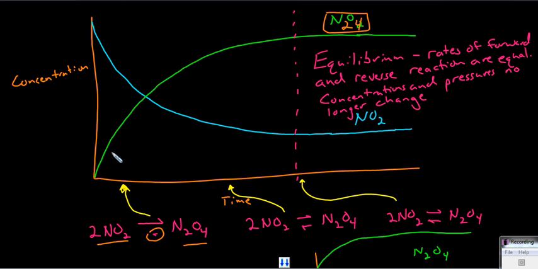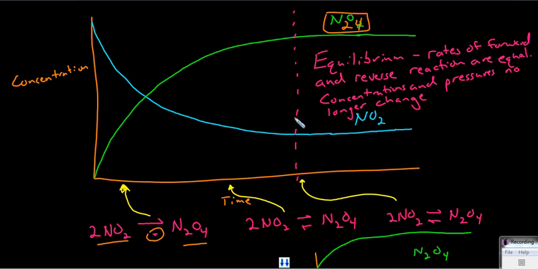However, as the concentration of dinitrogen tetroxide builds up, the rate of it decomposing back into nitrogen dioxide increases, until at some point the rate in the forward direction will be equal to the rate in the reverse direction. At some point, every time that two NO2s combine to form an N2O4, another N2O4 will decompose to form two NO2s.